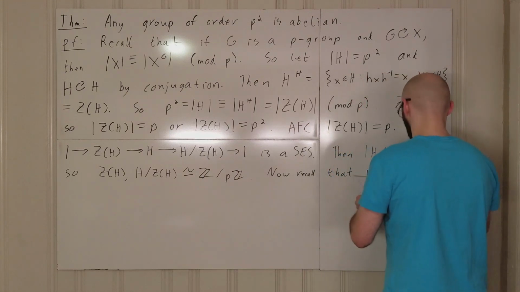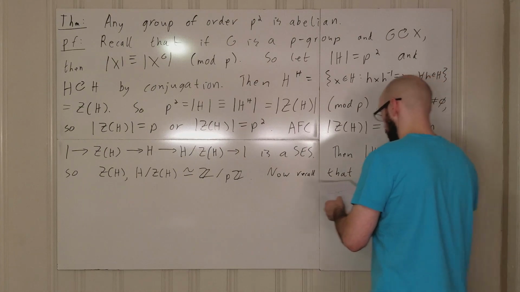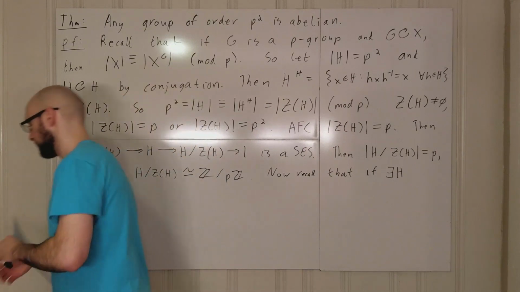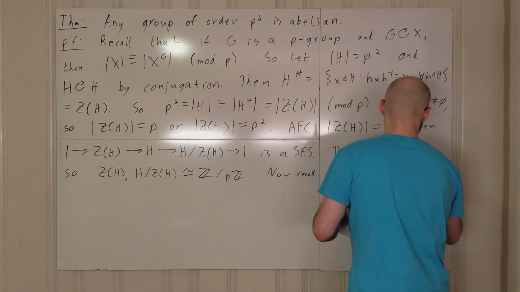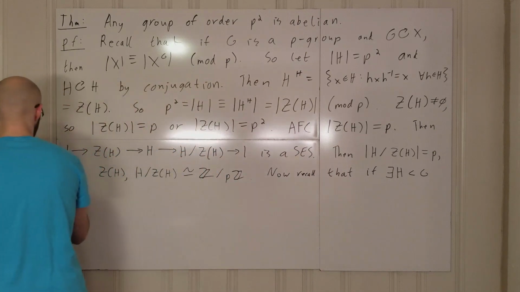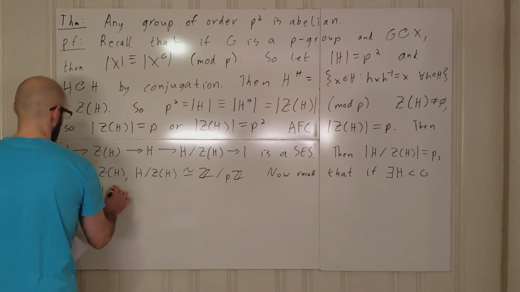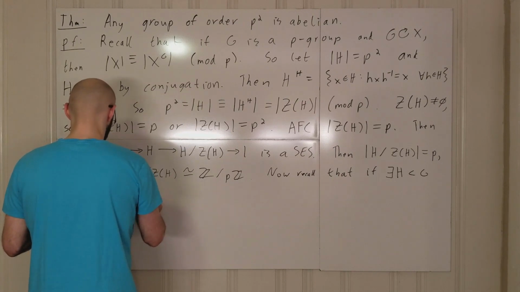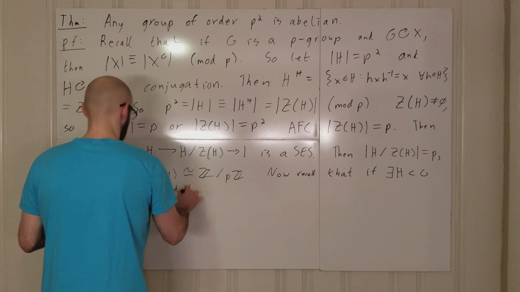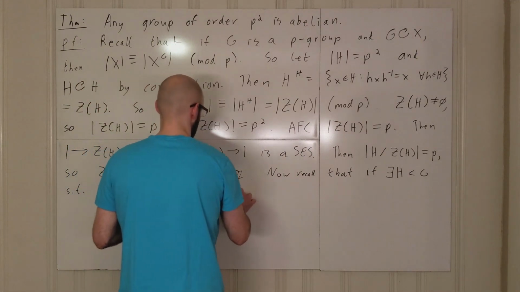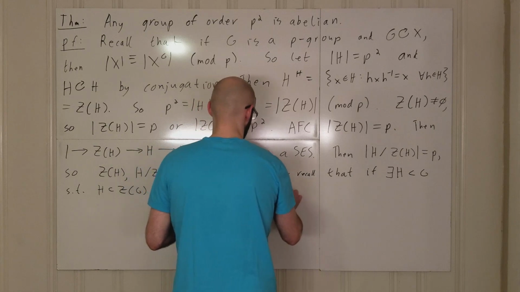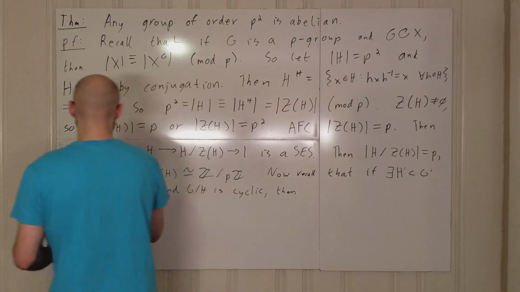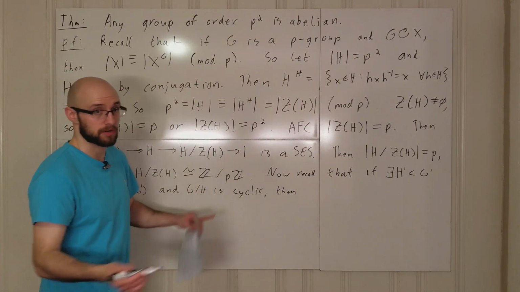Here, let me write it down. If there is a subgroup H' of G' such that H' is contained in the center of G', and G' mod H' is cyclic, then here I'm going to put primes by these just so that we don't confuse them with the groups that we're considering in this problem already.